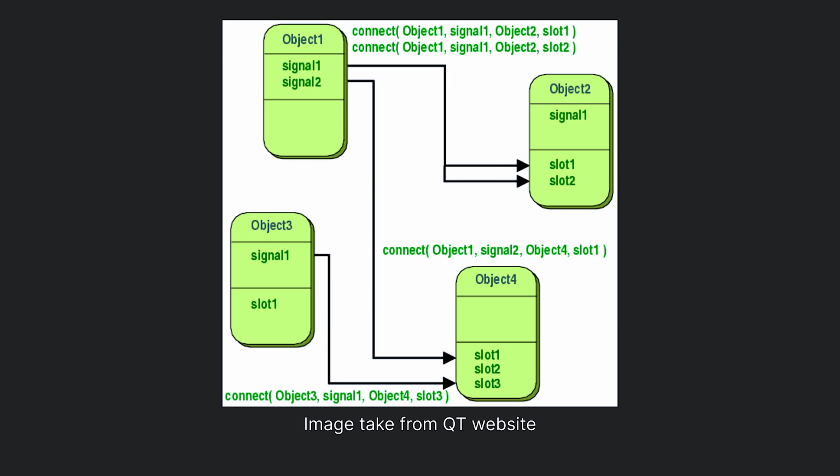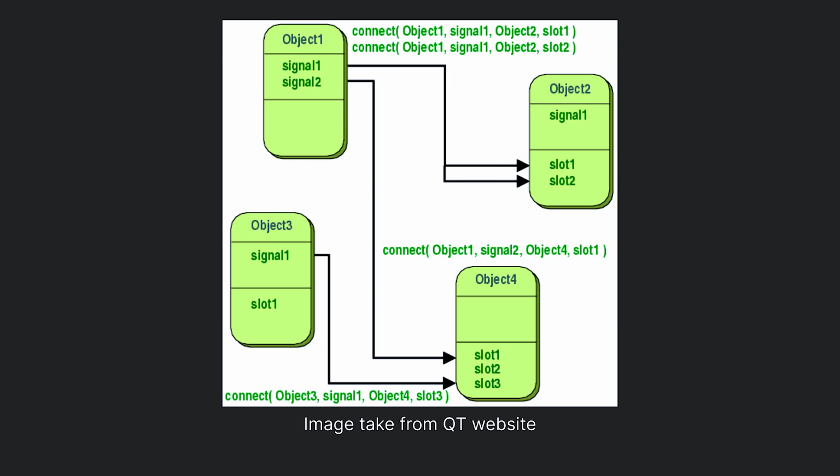And also notice that this connect function is going to take the address of object 1 and object 2 because its parameters are pointers. If you know C++, if you are passing a parameter by address while calling, that means the parameter is sent as a pointer.